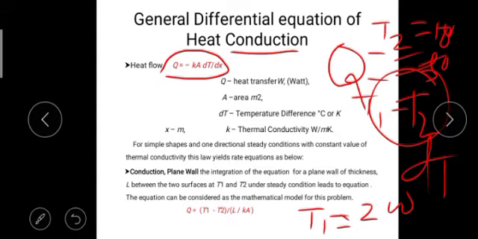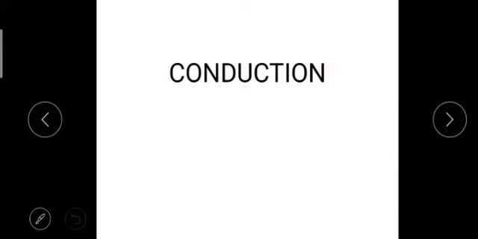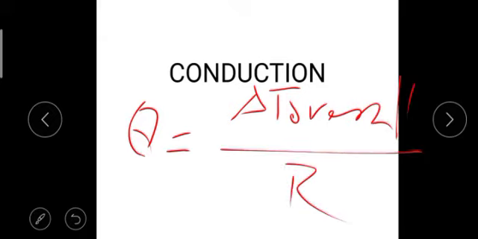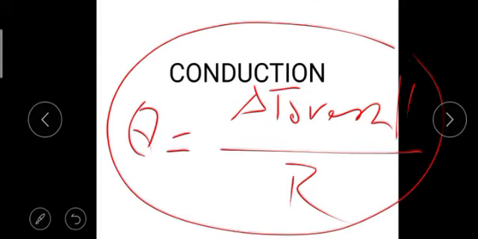Next, A means the area. It is simply said, Q equals T1 minus T2 divided by L divided by KA, or Q equals delta T overall divided by R. This is also one of the heat conduction forms.